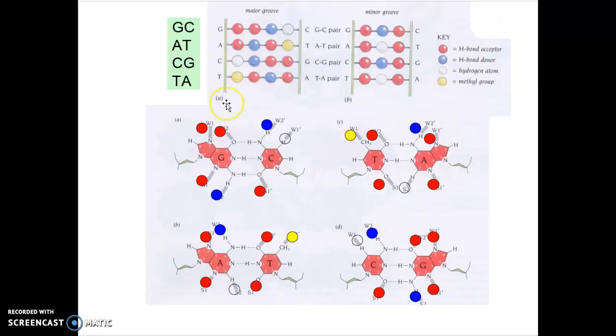By using the color code on top of this slide, you can see a color picture of the tetranucleotide pairs G, A, C, T from the side of the major groove and the minor groove.